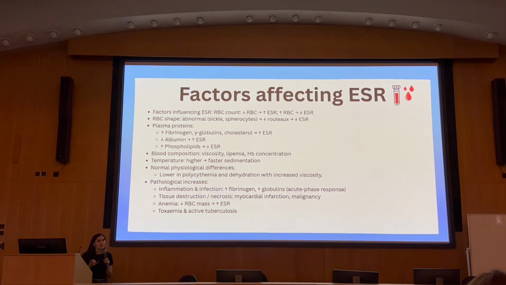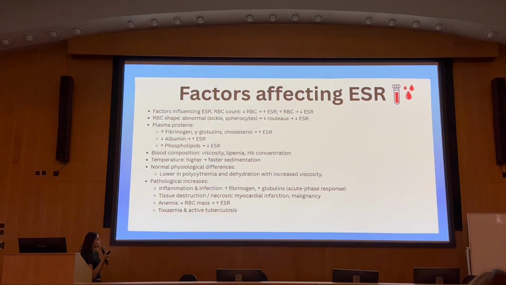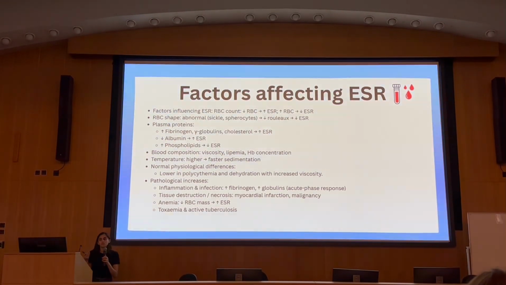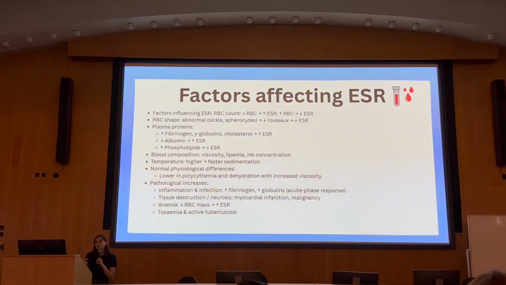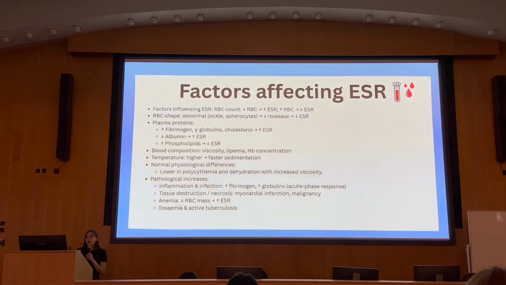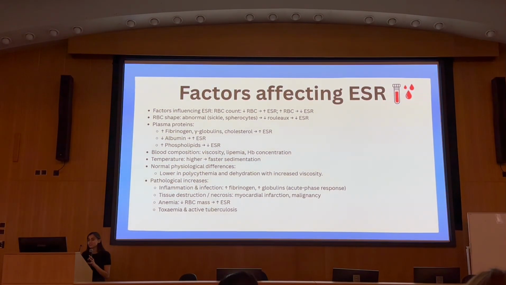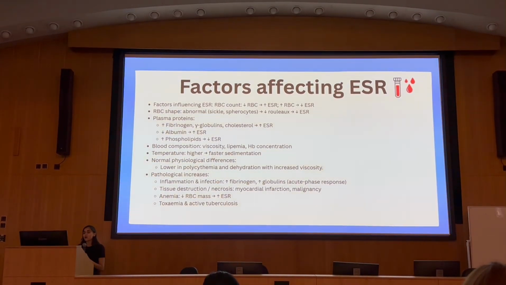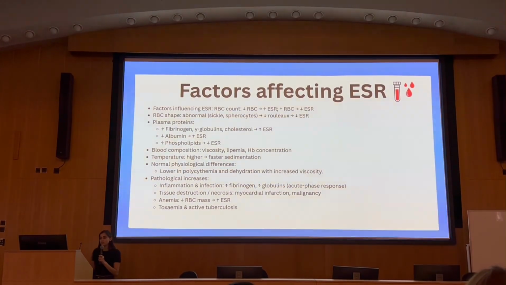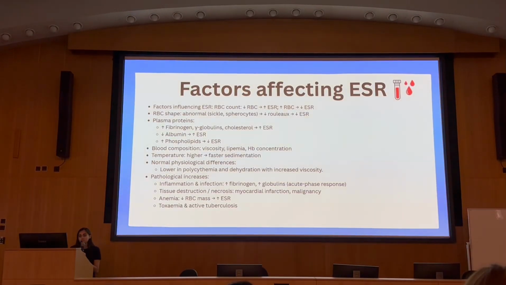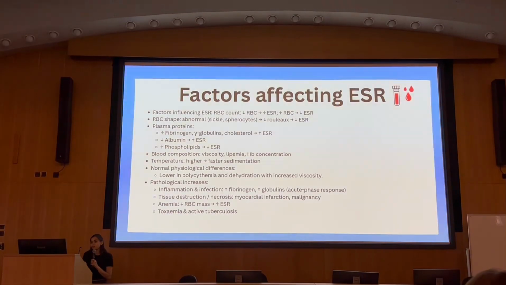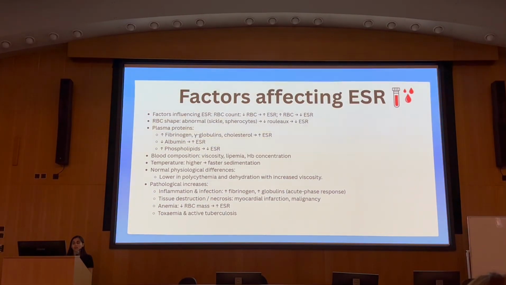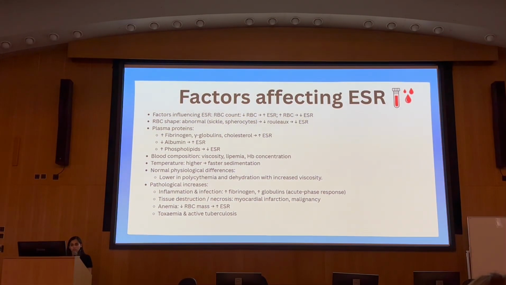Lipemia, either the lipids weigh down the RBCs, and that's the reason the sedimentation rate increases, or they can come between the roller formation and decrease the erythrocyte sedimentation rate. So again, context matters. Temperature, so the higher the temperature, the faster the sedimentation, and there are other conditions that are listed below, like malignancy, inflammation, and infection that will cause the erythrocyte sedimentation rate to change.